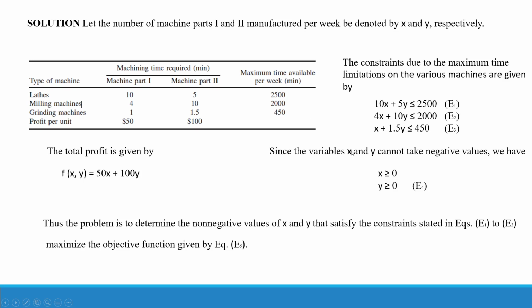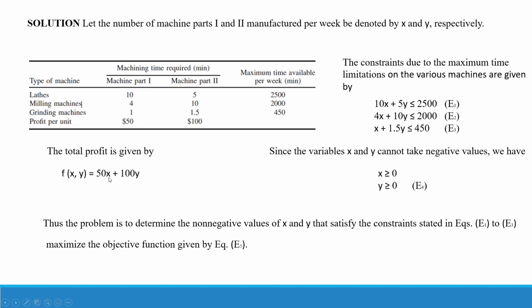We know that the quantities x and y of the machine parts are obviously greater than 0. That is another restriction we have. Finally, the profit is $50 per minute for the first machine part and $100 per minute for the second.